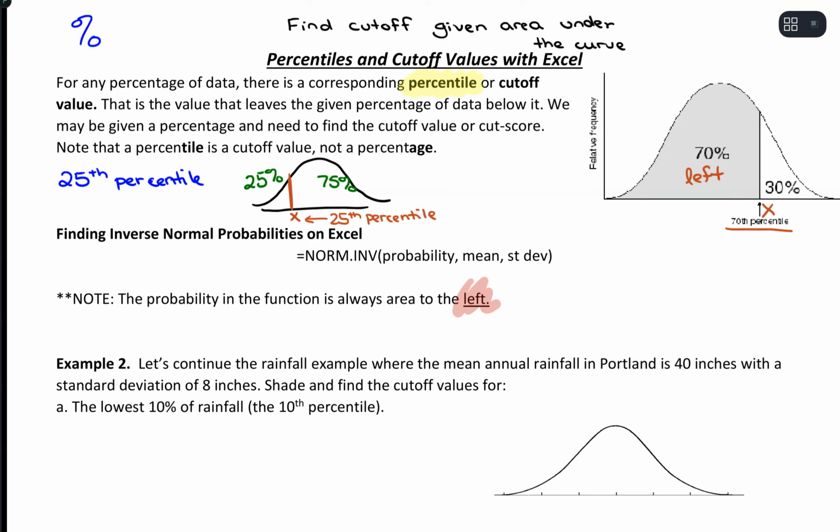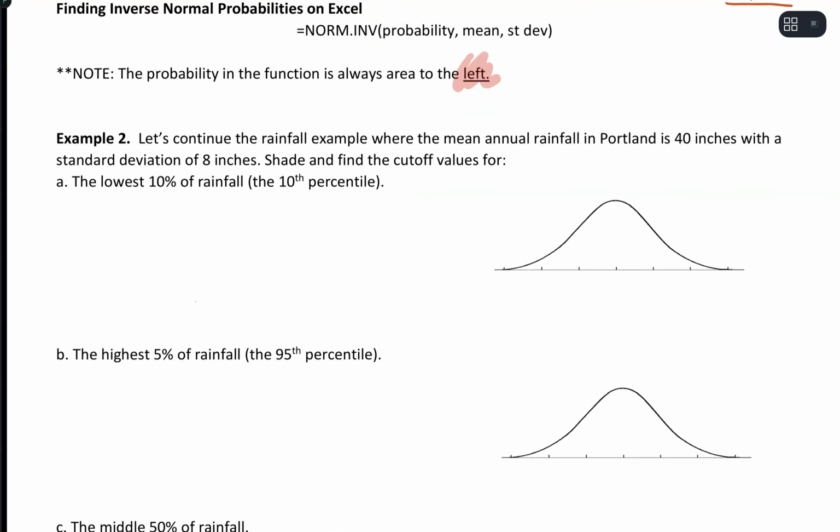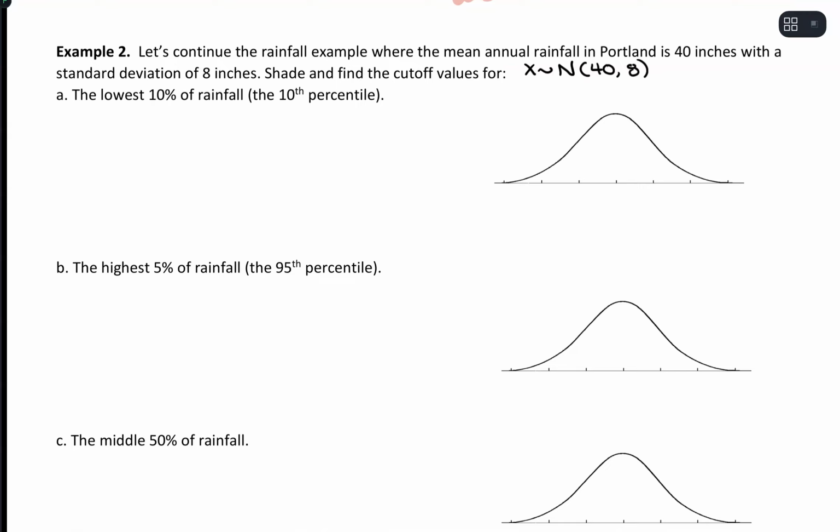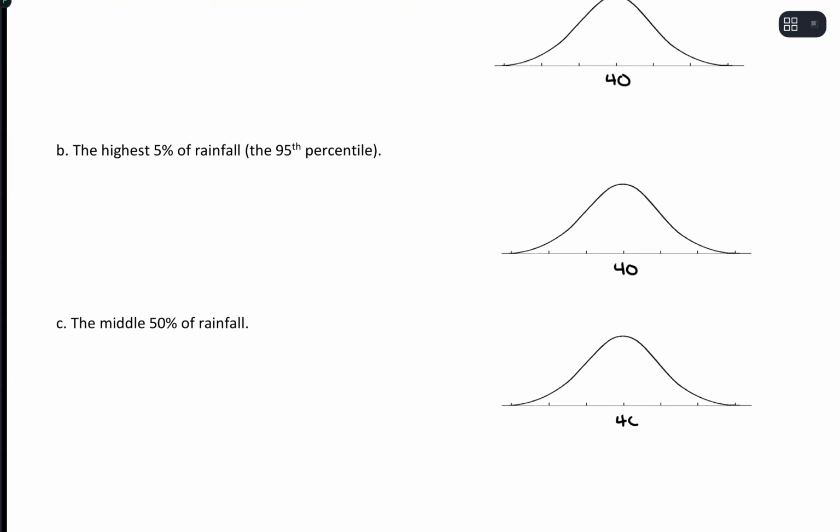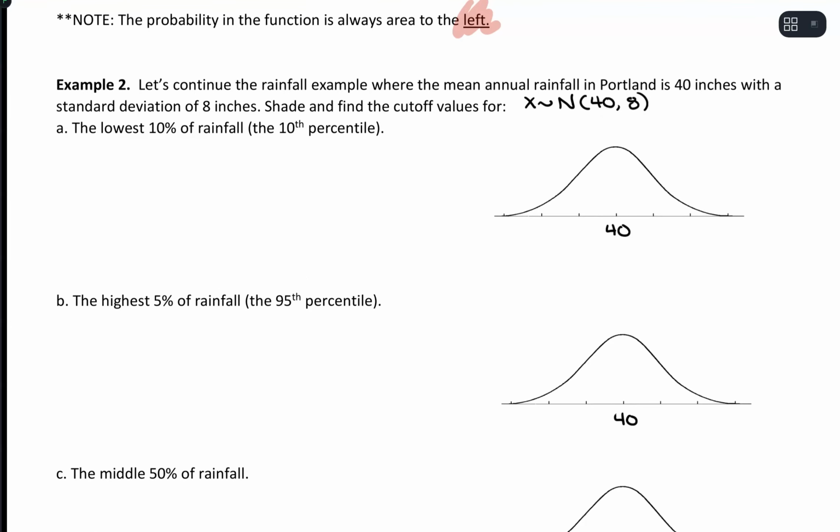Okay, let's go back to our rainfall model with Portland, a mean of 40 inches with a standard deviation of 8 inches. So X is defined by a normal model, mean of 40, standard deviation of 8. I'm going to mark the mean right in the middle of these bell-shaped curves, but I'm not going to number any more beyond that, because it's difficult to visualize where these percentages are landing exactly.